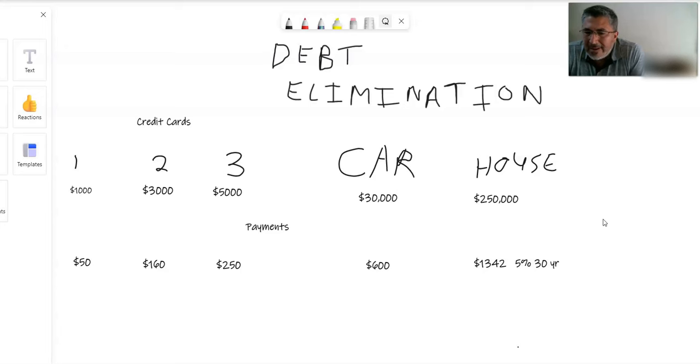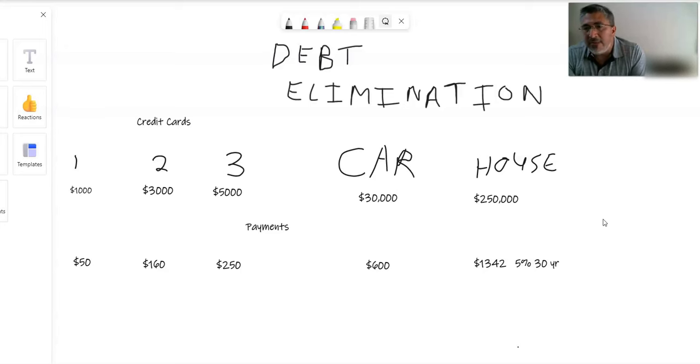The car, I just approximated it might be $500 a month, but that's more or less a guess, for about $30,000 in debt on a car. Whenever you made the purchase, it's $600. So the house at $250,000 I put in here is at a 5% interest rate over 30 years. That's what that payment is.